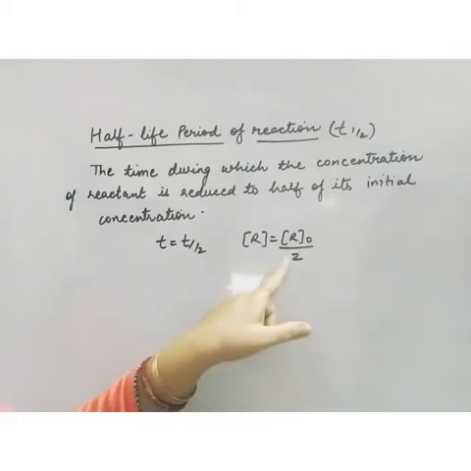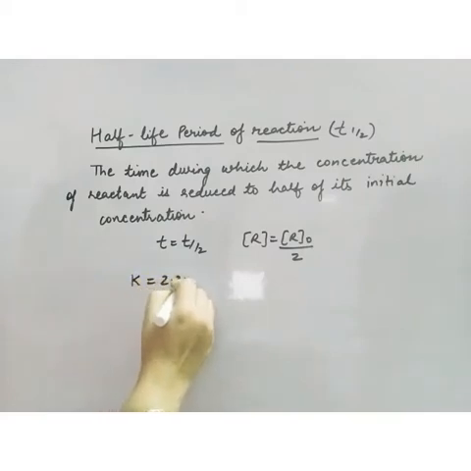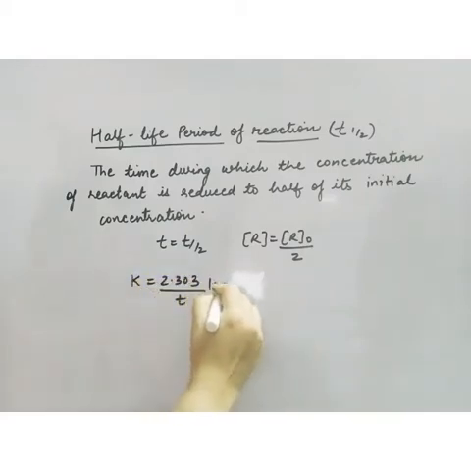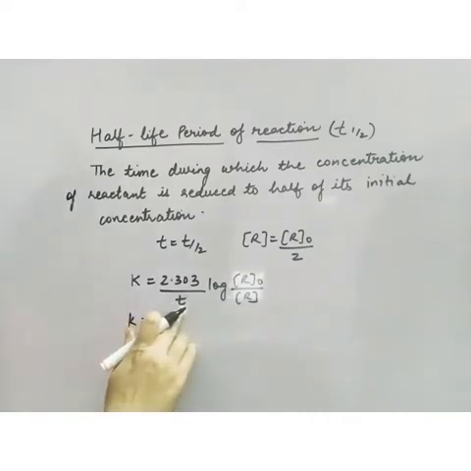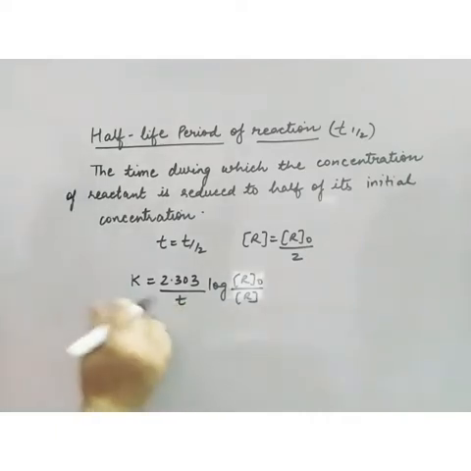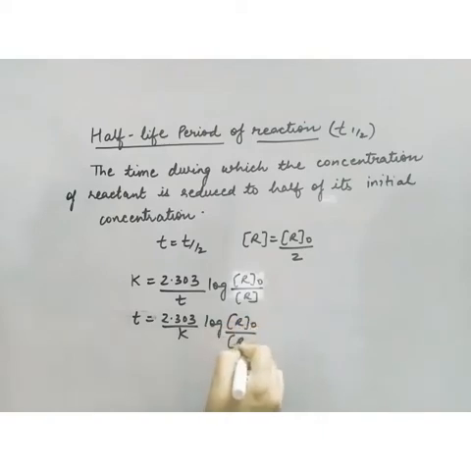So first we have to write the expression for this. What was my integrated expression? This is my integrated expression for first order reaction. Now, when T is equal to T half, I put T half here.